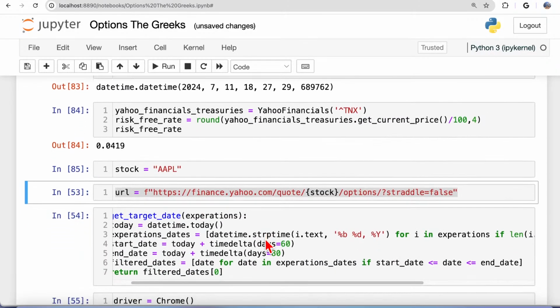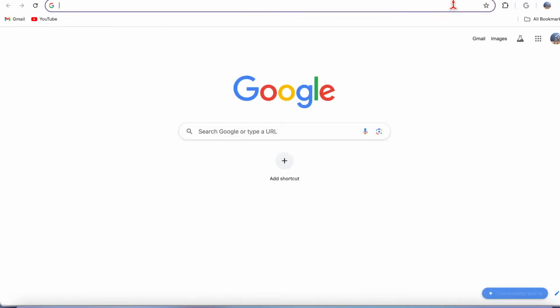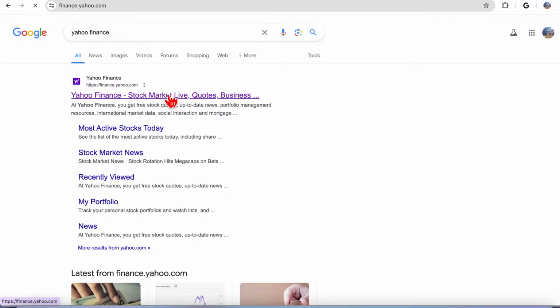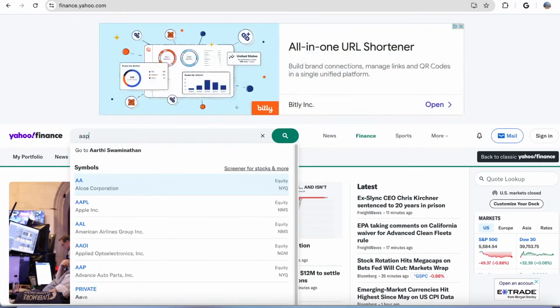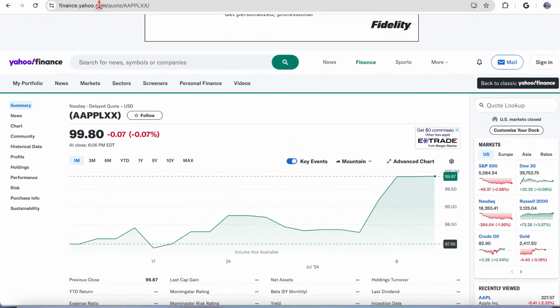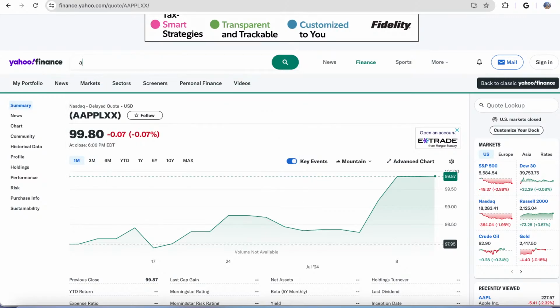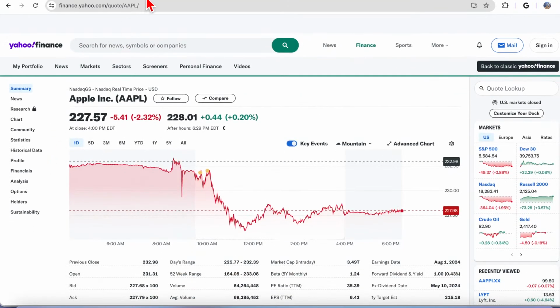All right, so speaking of Apple, that will be my stock. And let me explain you this. Now, basically what I'm trying to do, I'm trying to go to Yahoo Finance, and I want to fetch information from this page, you see, from this page. All right, so I want to get information from this page.